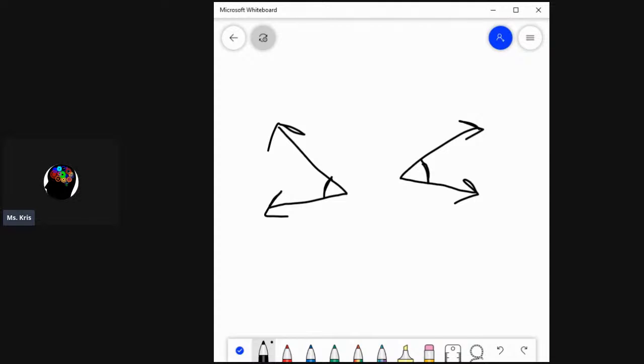But a measurement of angle 1 being congruent to angle 2, it can be proved because the definition of congruent angles is that they have the same measure. So congruent angles are two angles with the same measure. So if they measure the same, they are congruent to each other.